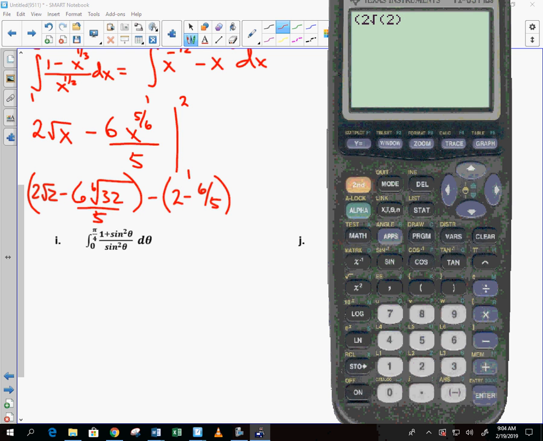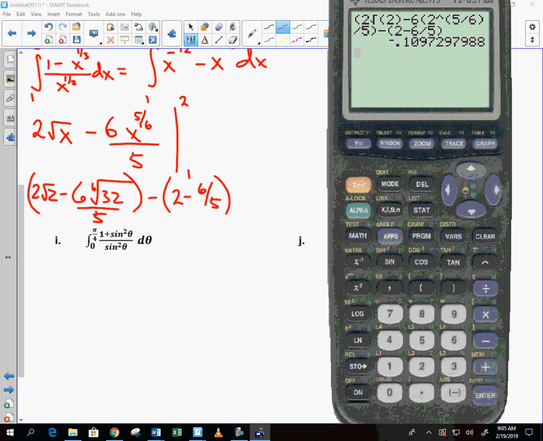Here's a 2 minus 6 times 2 to the 5 over 6, divided by 5, minus 2 minus 6 over 5.